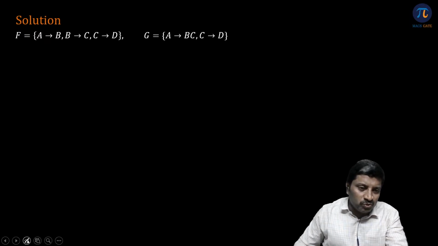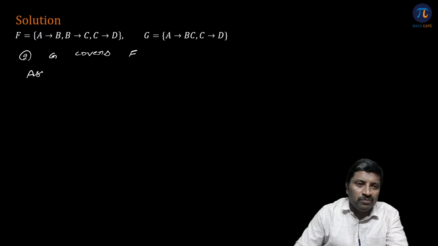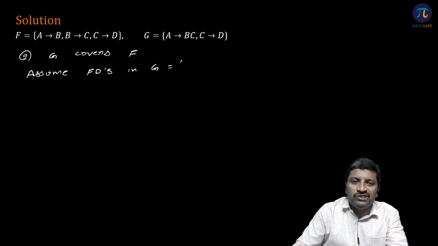So what are we supposed to do? We need to verify whether G covers F or not. So what do we need to assume? Assume the FDs in G. What are the FDs in G?